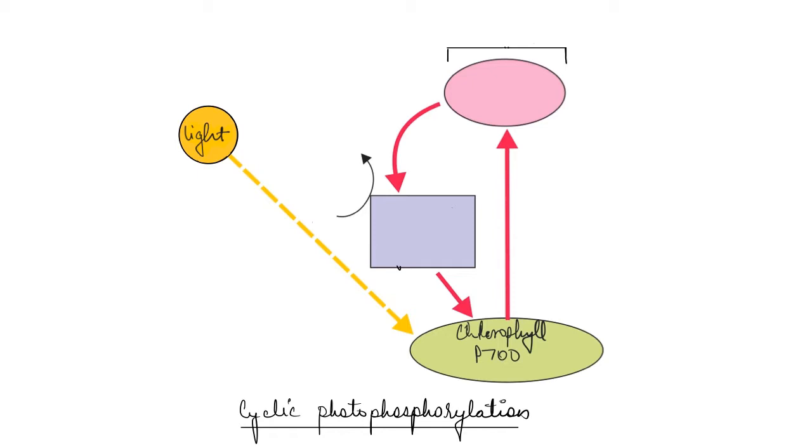So the light is falling on the reaction center of photosystem 1. Then the electrons are captured by the electron acceptor, and the electron acceptor transfers the electron to the electron transport system.